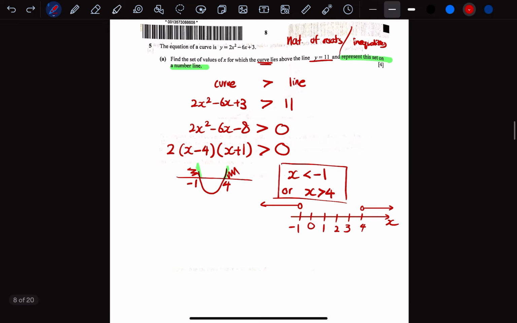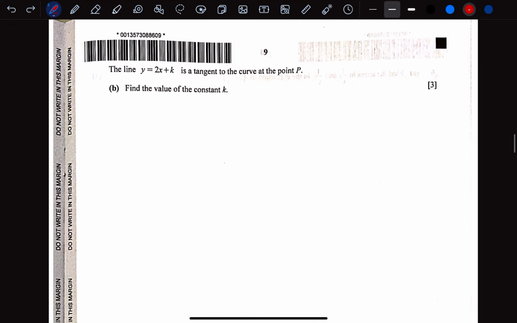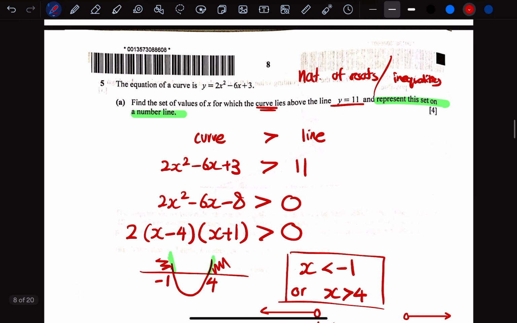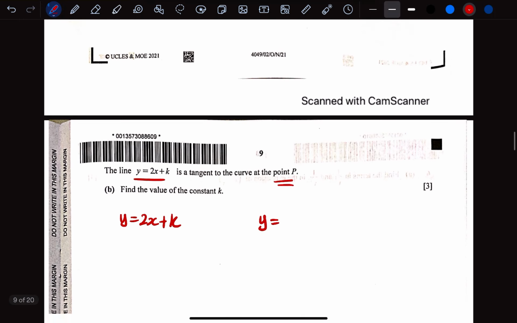Okay. Next one, they tell you part B. The line y equals 2x plus k is a tangent to the curve at point P. So now we have a line, and our curve's equation earlier was y equals 2x squared minus 6x plus 3.